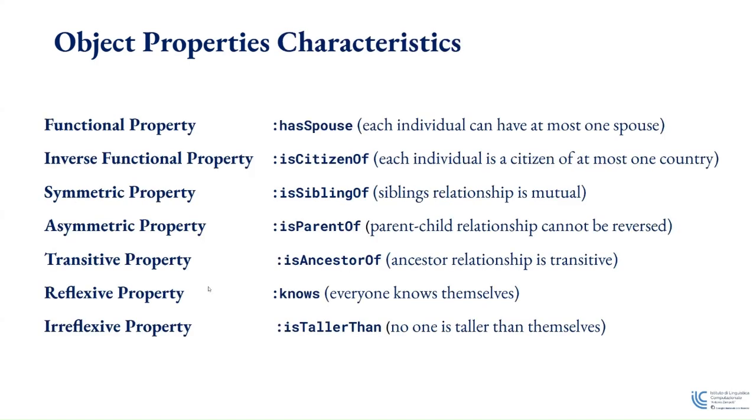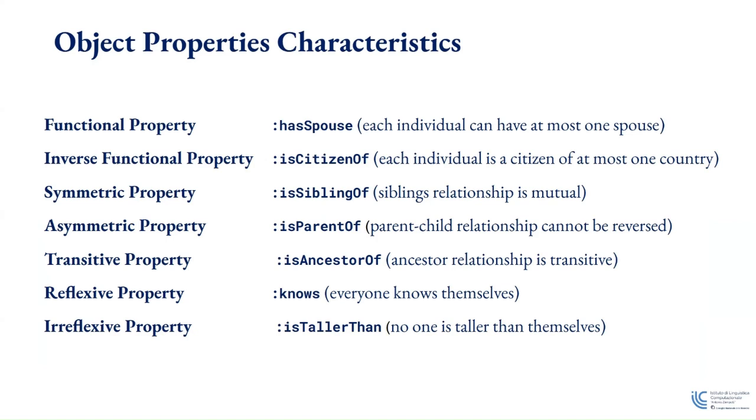And then we can also specify if a property is a functional property, for example, has spouse: each individual is supposed to have at most one spouse. Or an inverse functional property, like is citizen of: each individual is a citizen of at most one country.